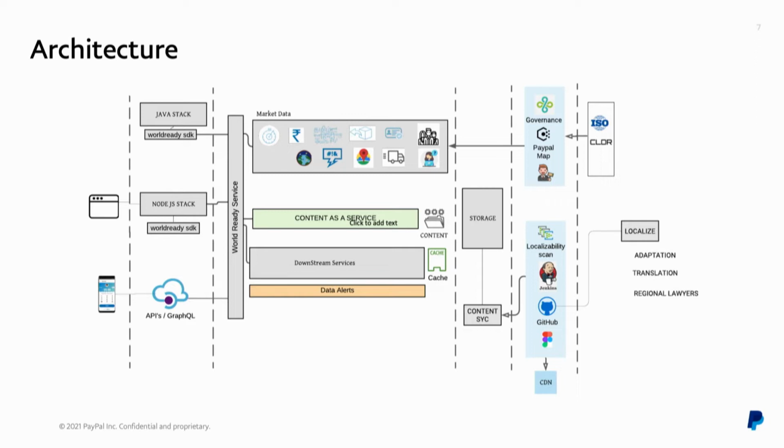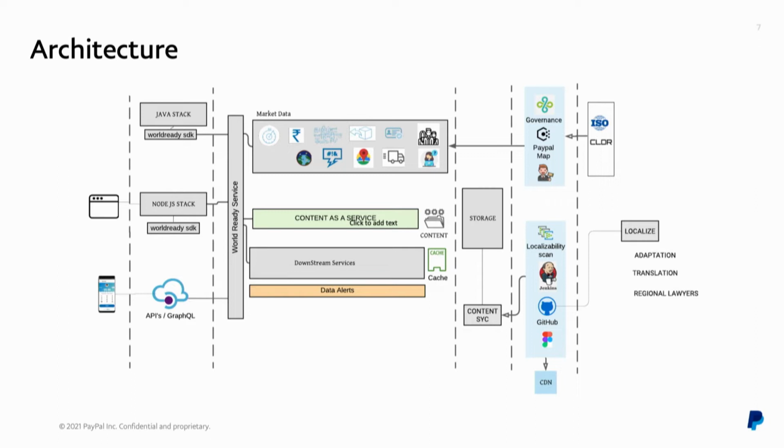The World Ready service layer, I said, is like an API gateway. At times it serves the data on its own. Sometimes it accesses a pass-through to these downstream services. On top of that, in the bottom layer, we have data alerts. Anytime CLDR data gets changed, or any of the downstream services has an update, like say pricing changes at PayPal for a particular market, we have to notify people that this has changed.